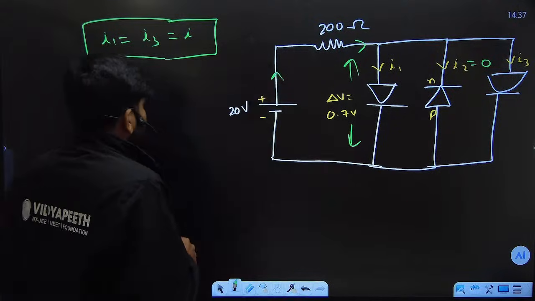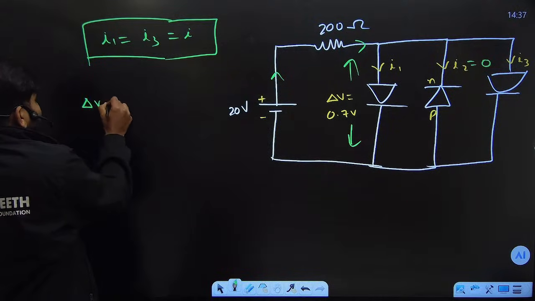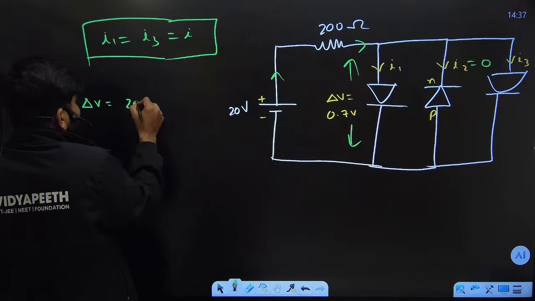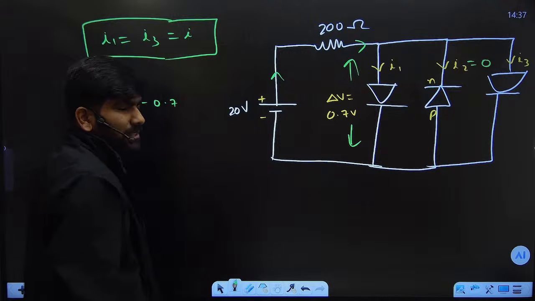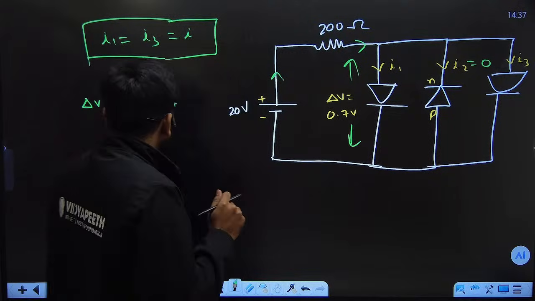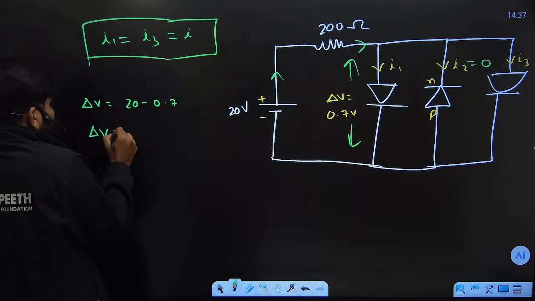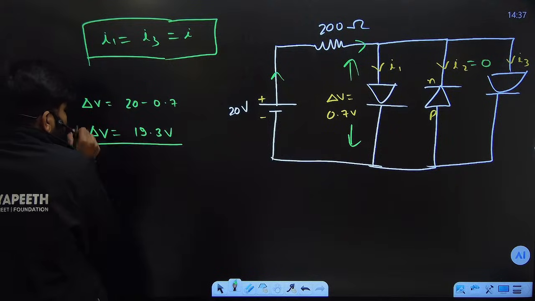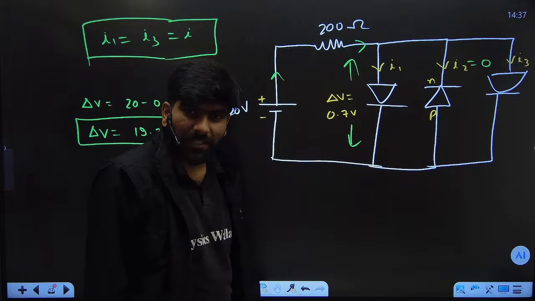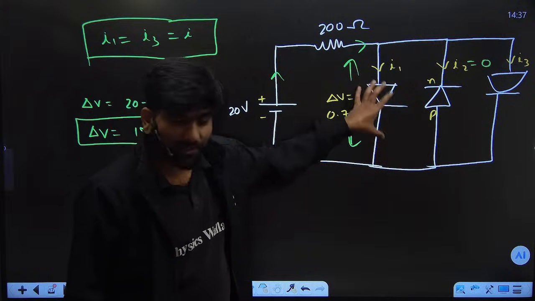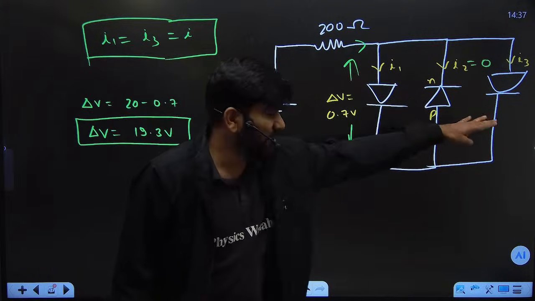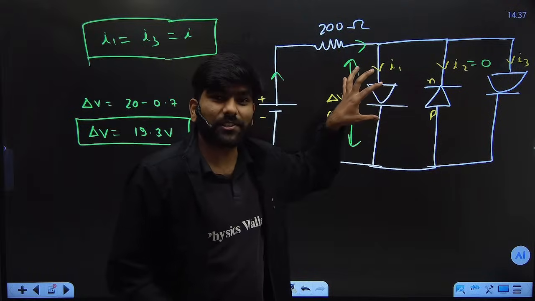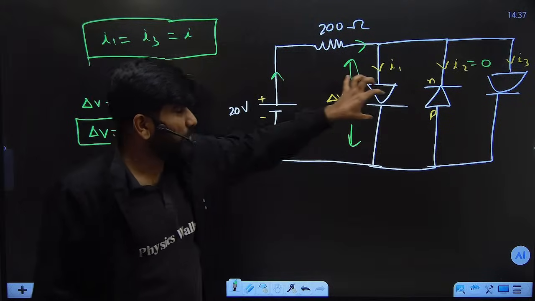The voltage available for current to flow is 20 minus 0.7, which is basically 19.3 volt, right? Because out of 20, 0.7 is going to get dropped here, and they are in parallel, so 0.7 will be same.